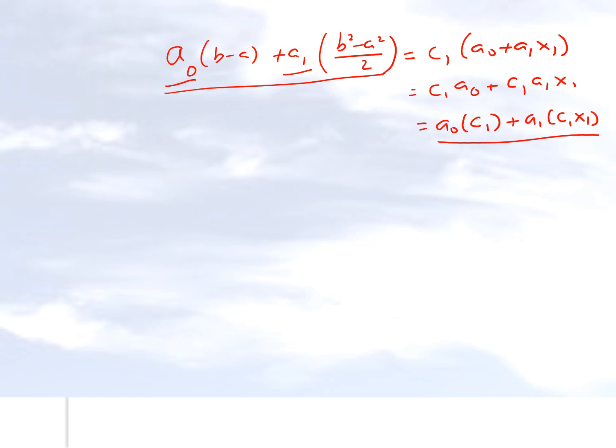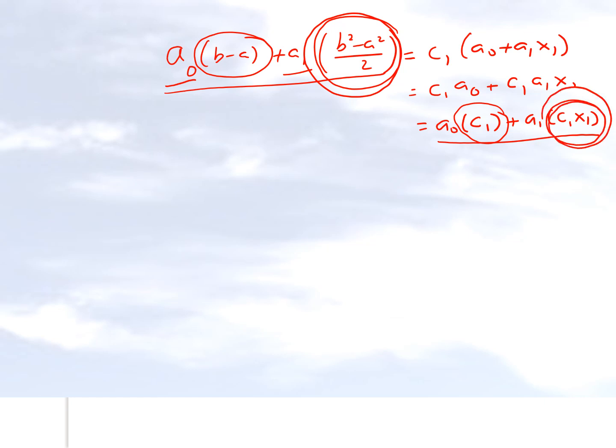That means that b minus a will have to be equal to c1, and b squared minus a squared by 2 will have to be equal to c1 times x1. So let's write that down. I get c1 is equal to b minus a, and c1 x1 is equal to b squared minus a squared by 2. This gives me equation 1 and equation 2.